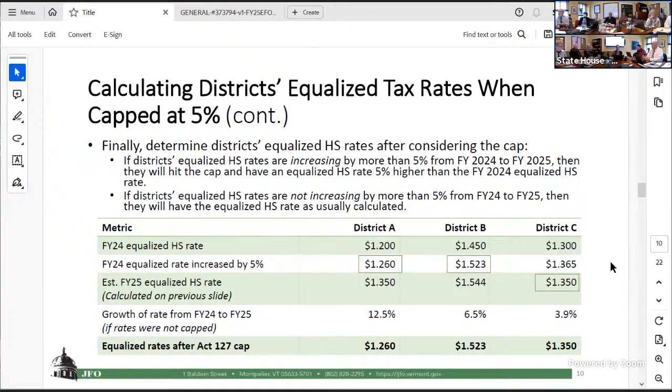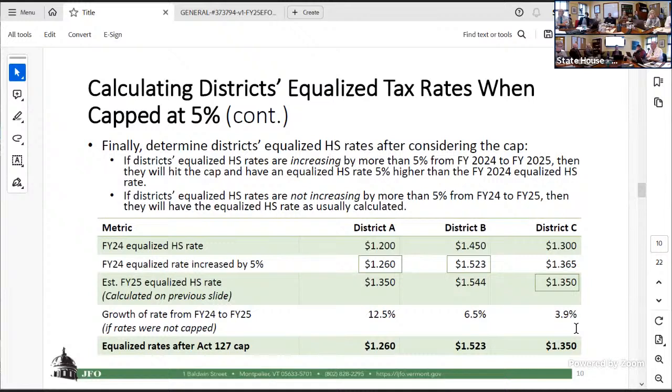And I just want to sort of put a cherry on the top of this calculation where we see that, okay, in districts A and B, because they would have increased by more than 5%, we're taking the FY '24 rate plus 5% on top of it, and District C, we see that they were not up to the 5%, so they get the FY '25 equalized rate.